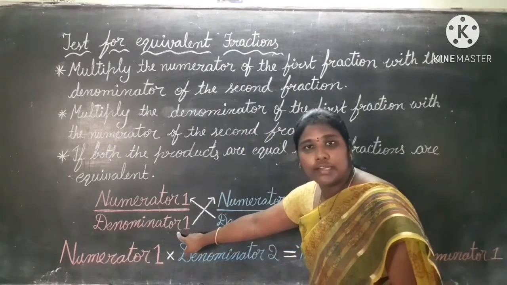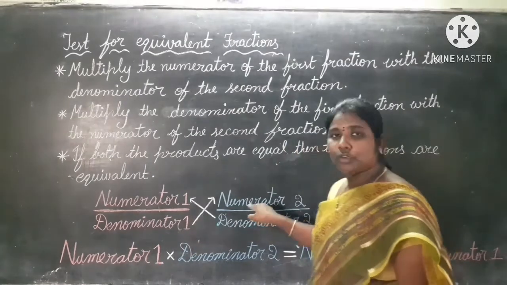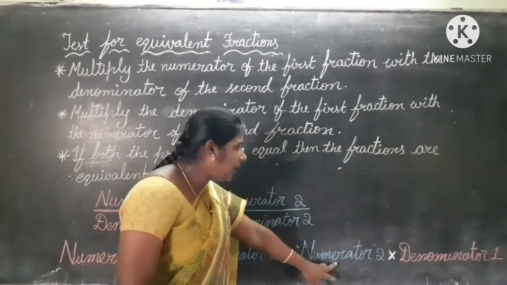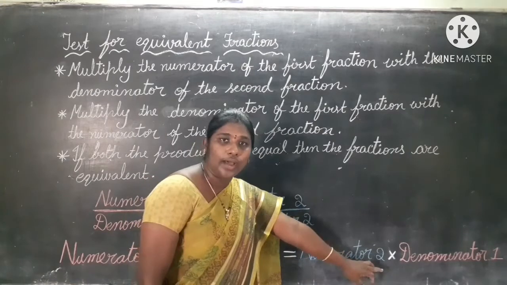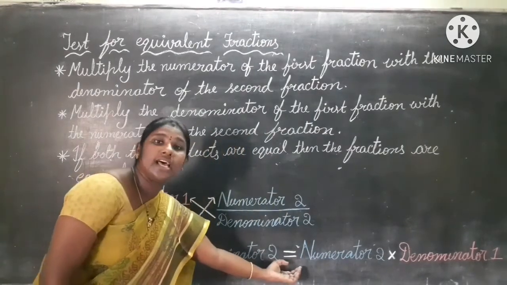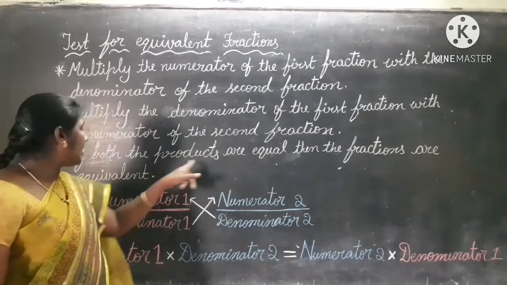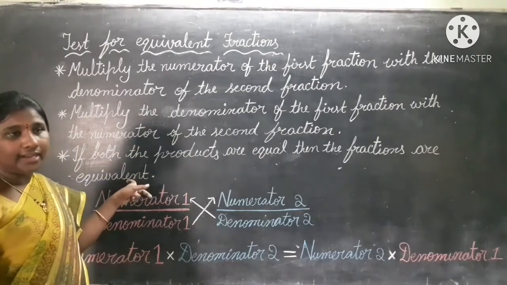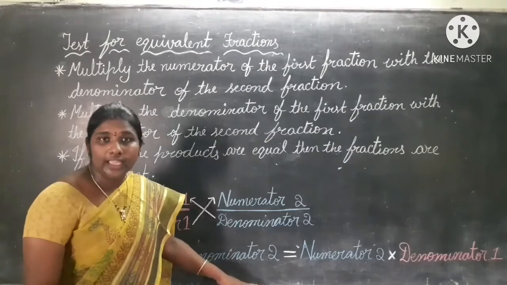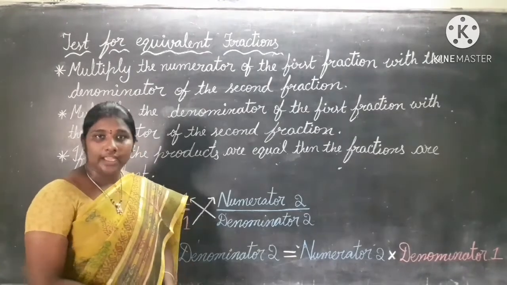So denominator 1 with numerator 2. Numerator 2 into denominator 1. If both the products are equal, then the fractions are equivalent.